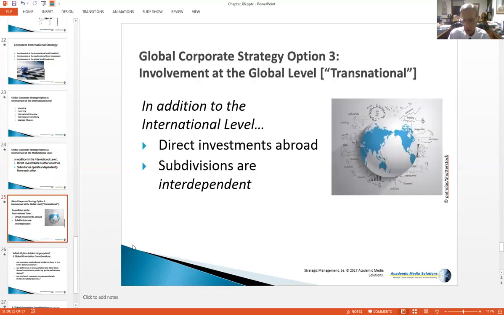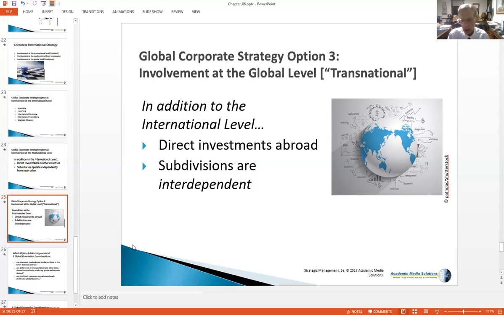At the third level, we have something which, aside from calling it involvement at the global level, a very common term in my profession is transnational. A transnational strategy involves just what is stated here: investments in businesses abroad. However, those businesses are interrelated.